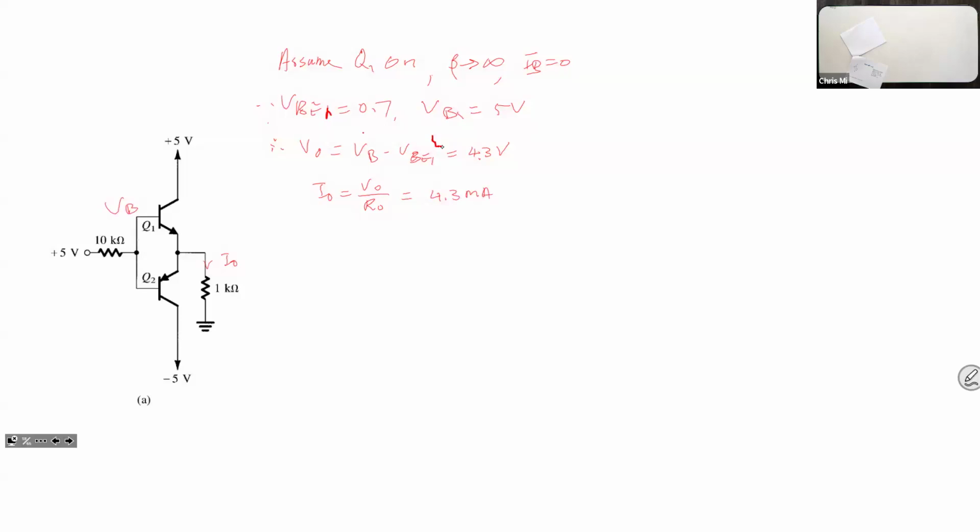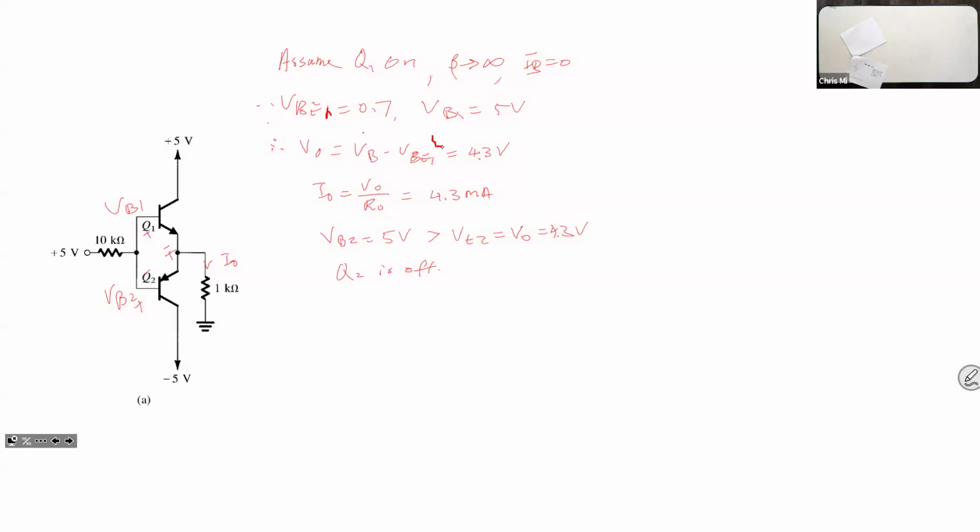So let's call this IO. This is VB1, VB2. Then we also have VB2 equal to 5 volts because there's no current. But VO, which is equal to 4.3 volts, is smaller than VB2, so Q2 is off.